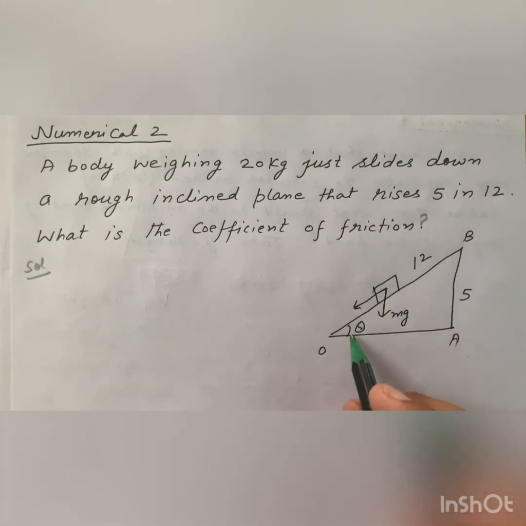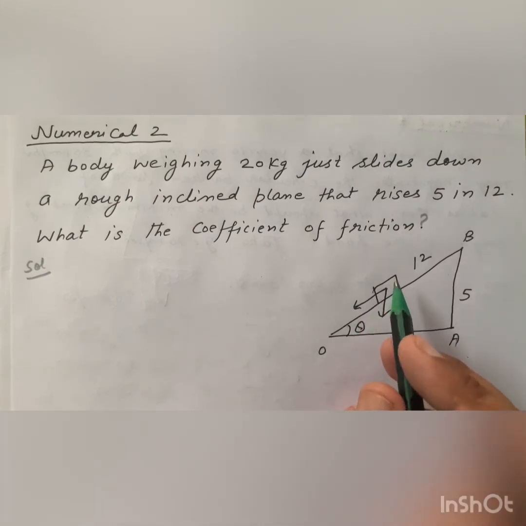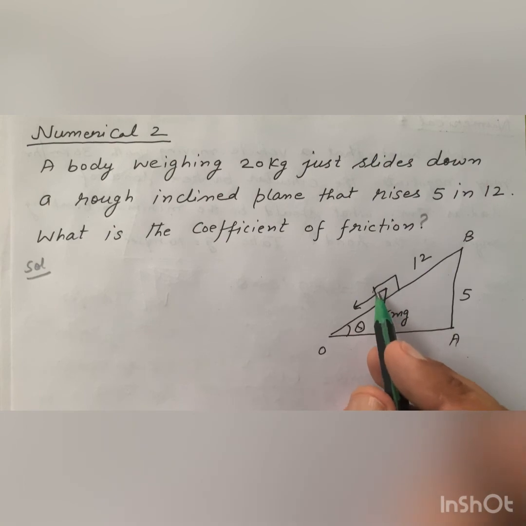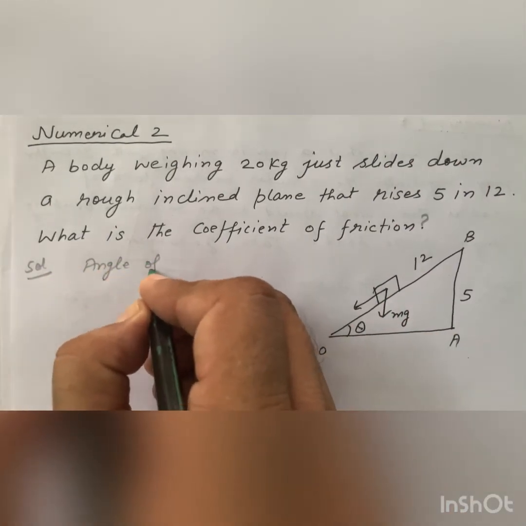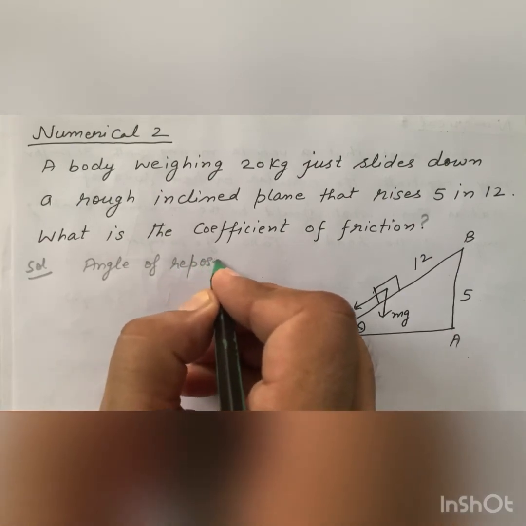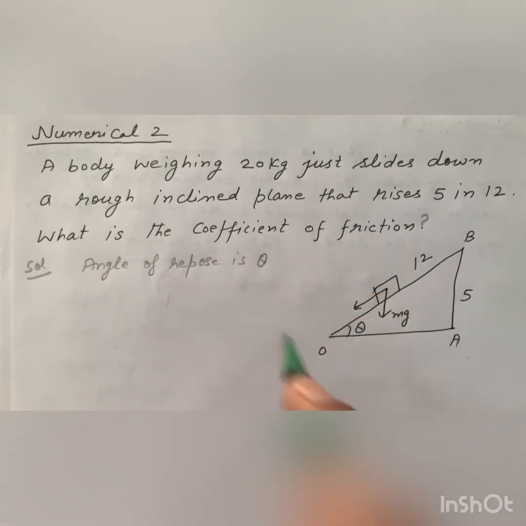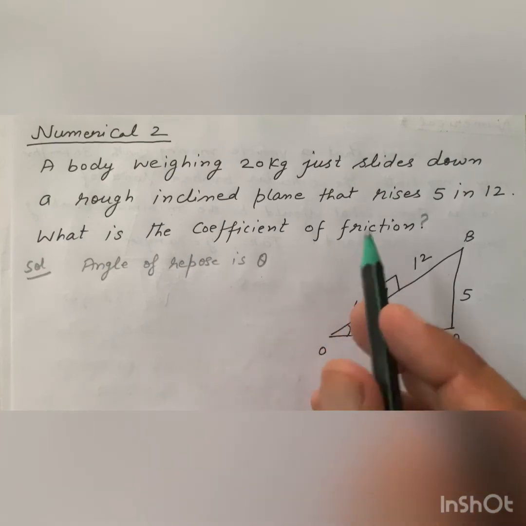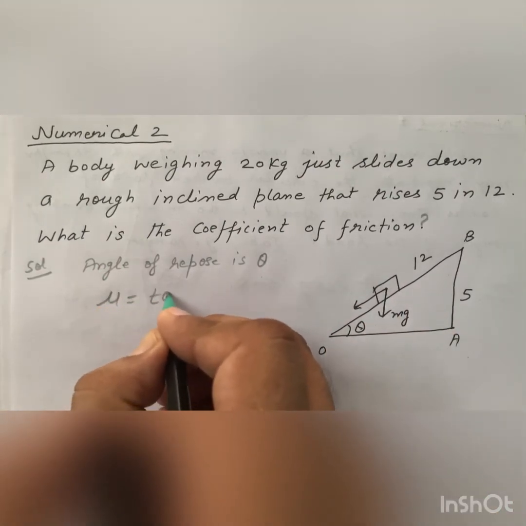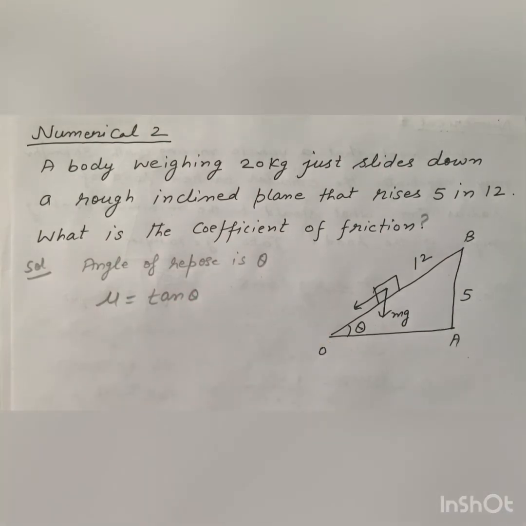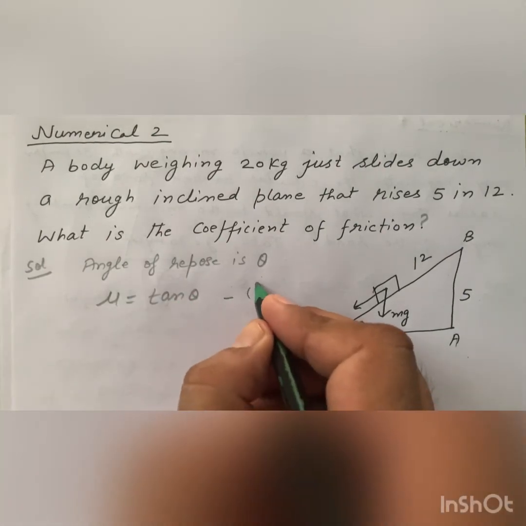Now the angle of repose is given as the body is just on the verge of motion, so the angle of repose is theta. We know that the relation between coefficient of friction and angle of repose is mu equal to tan theta. This is equation number 1.